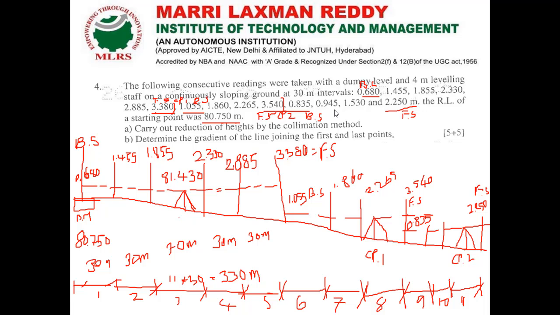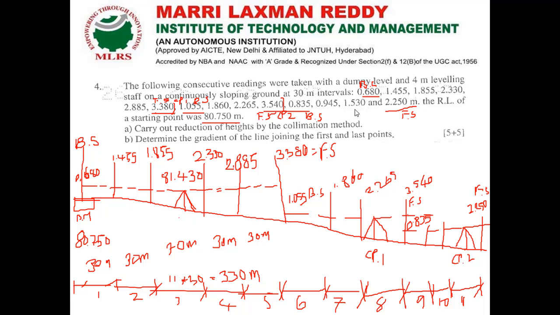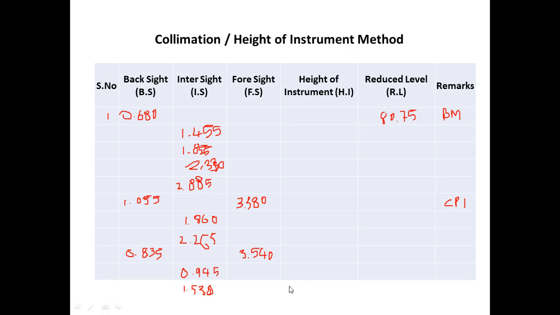After that 1.530 should be written in intersight, and the last reading 2.250 should be at foresight. So here this is CP2, change point 2.